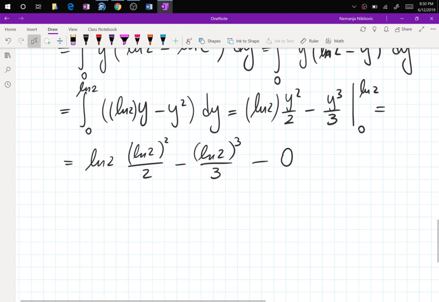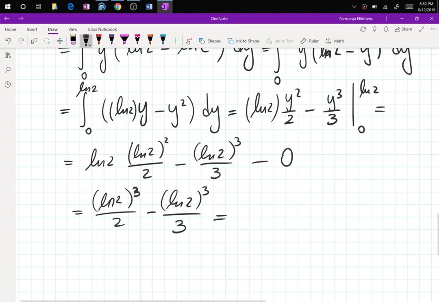Now look, you have ln 2 times ln 2 squared. That's ln cubed 2, right? So that's awesome. I have ln cubed 2 over 2 minus ln cubed 2 over 3. Well, that's 3 ln cubed 2 minus 2 ln cubed 2 over 6 when you do the common denominator.